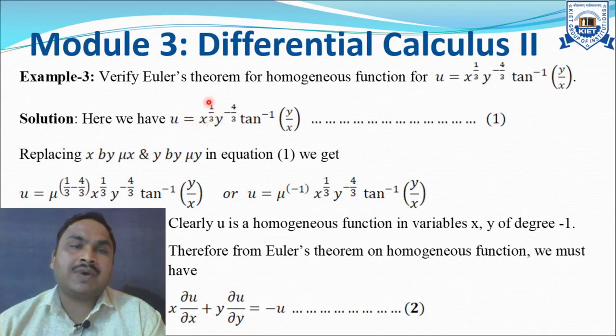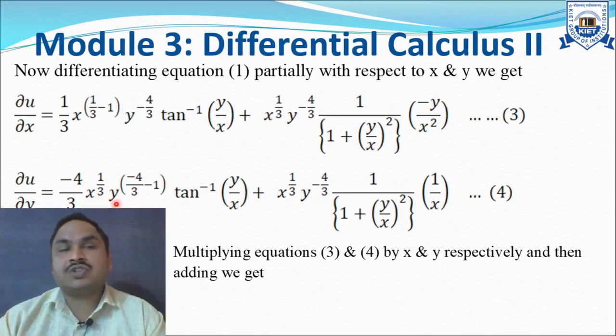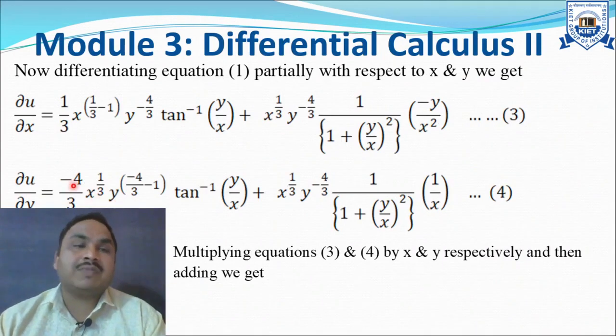Similarly, if we differentiate equation 1 partially with respect to y, in this case x raised to the power 1 by 3 will be outside the differential operator. We need to differentiate these two terms by the product rule. So in this, x raised to the power 1 by 3 as such, if we differentiate y raised to the power minus 4 by 3, we get minus 4 by 3 in the product, and y power becomes minus 4 by 3 minus 1.